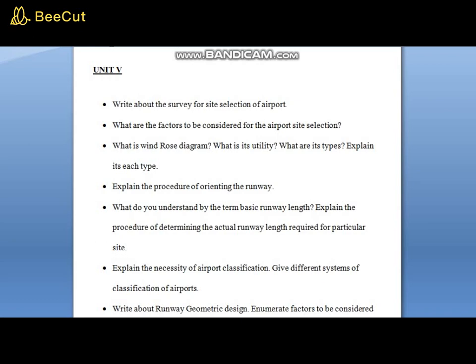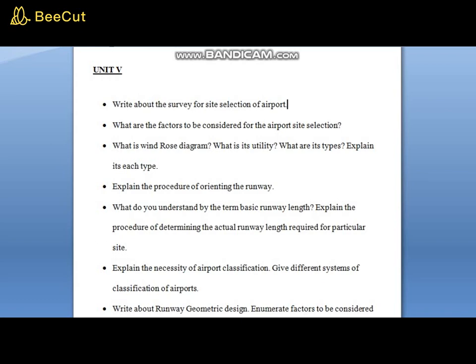As we had a survey for railway engineering, we have a survey for site selection of airport also. Basically, we can write the factors that have to be considered for site selection of airport. Then next: what are the factors to be considered for airport site selection.